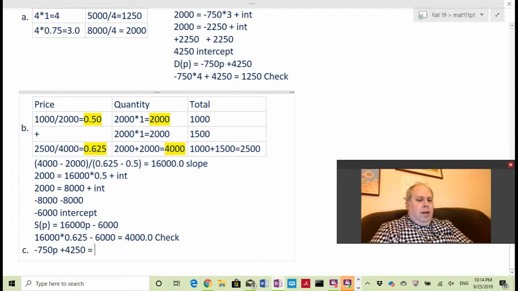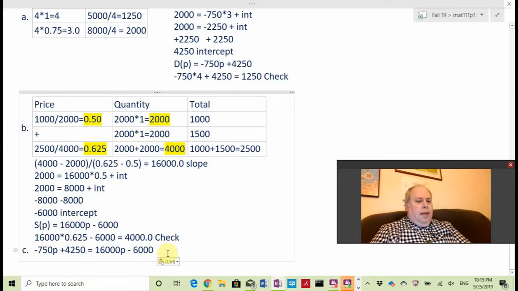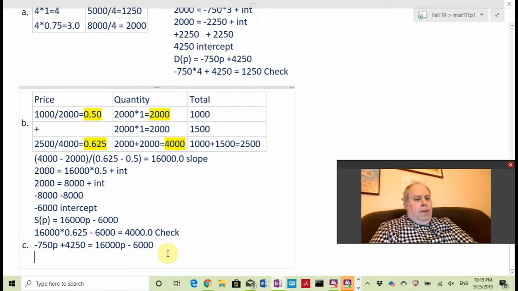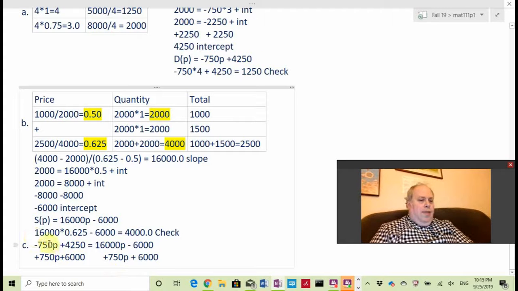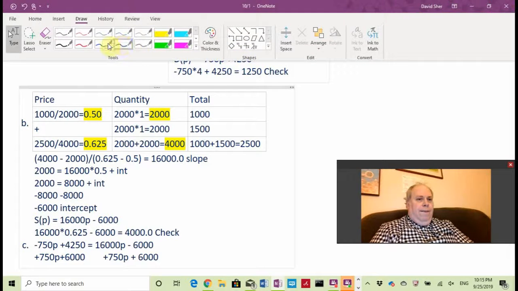So what is the price that I need? We set the two equal to each other and find what P makes both quantities equal. Well, I'm going to get a little lazy here. I'm just going to add 750 P and add 6,000 to both sides. Here, the 750 Ps will cancel.